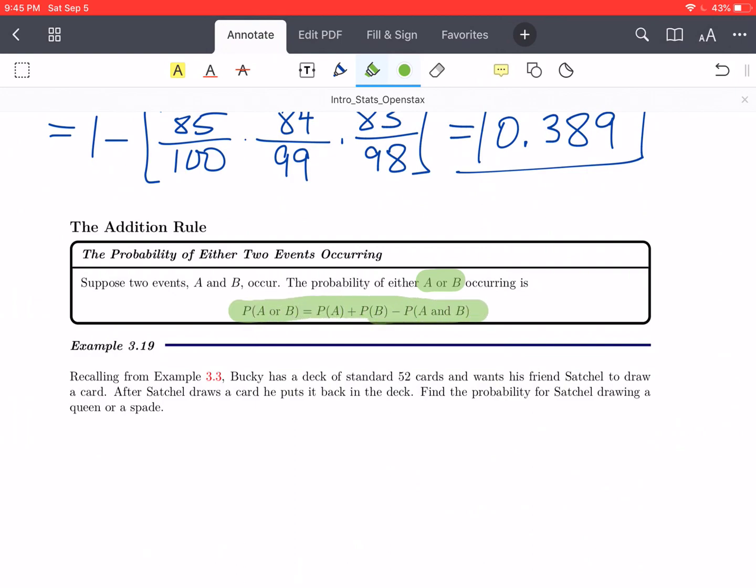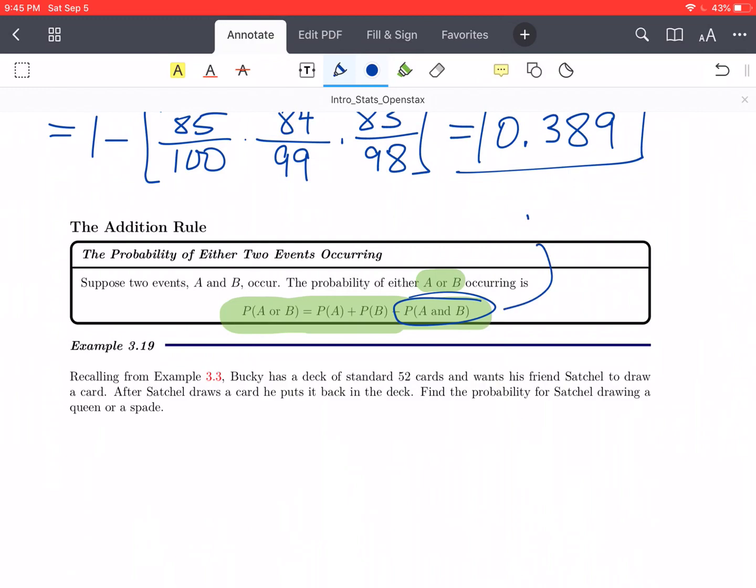It's the probability of A plus the probability of B minus the probability of A and B. Okay? And what this does for us, so if the events are disjoint, they have no possible overlap, then this value here, the probability of A and B both occurring, is 0.